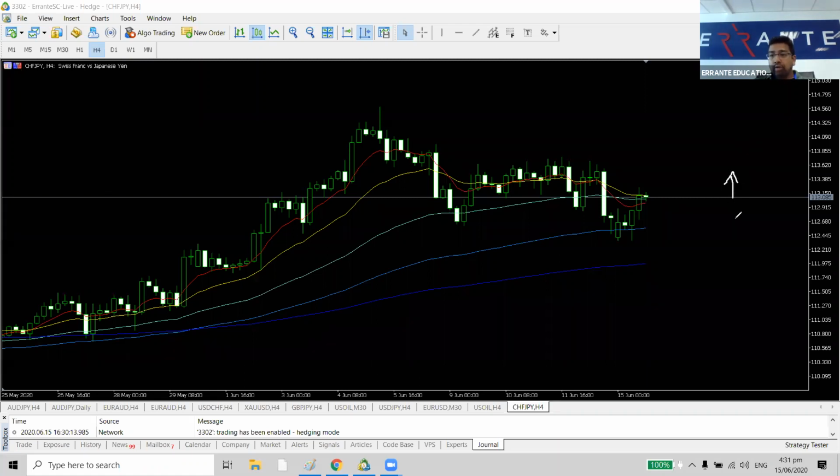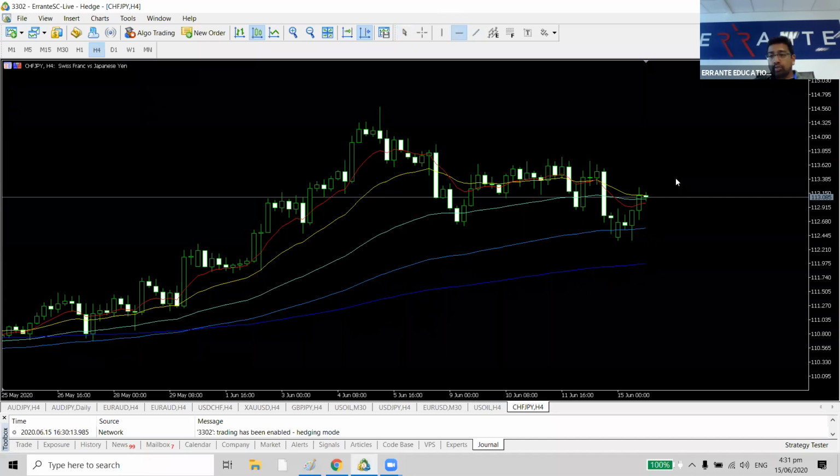As it goes down as well, there is a closer psychological number. So as it goes up, the closest psychological number that it will meet is the 113.20 psychological level.